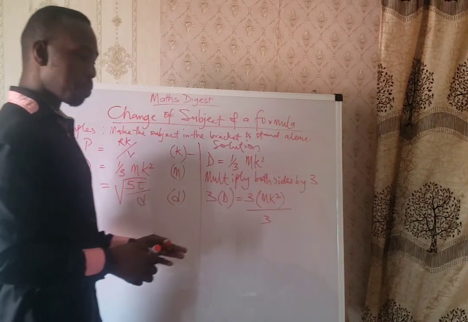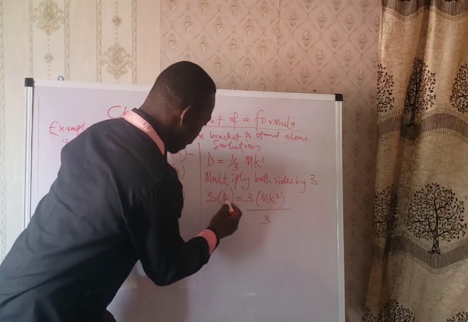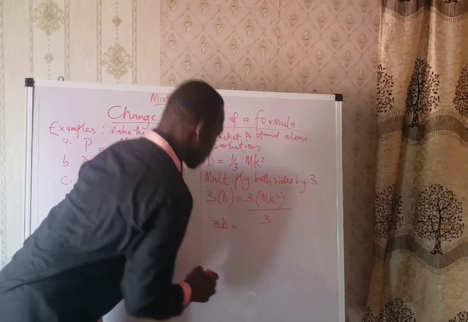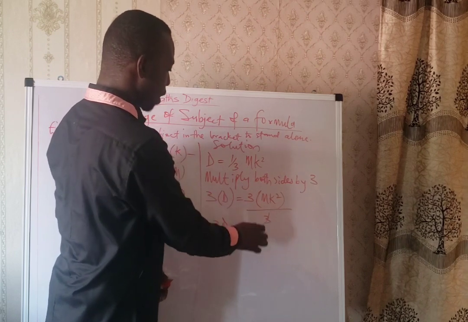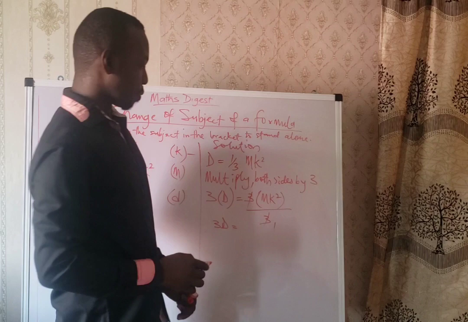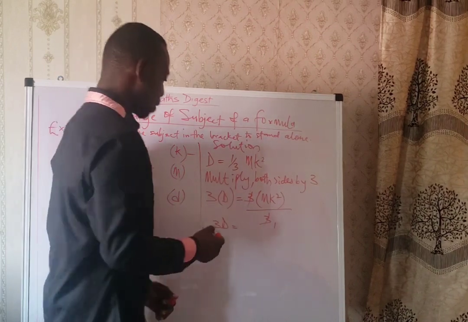Now from here, 3 times d is 3d. The 3 at the numerator will cancel the 3 at the denominator, 1 at the numerator, 1. We are now left with mk squared.